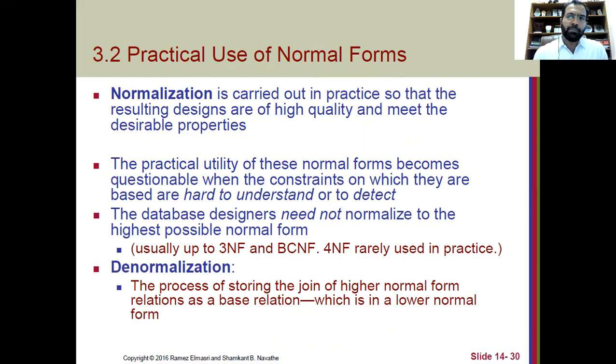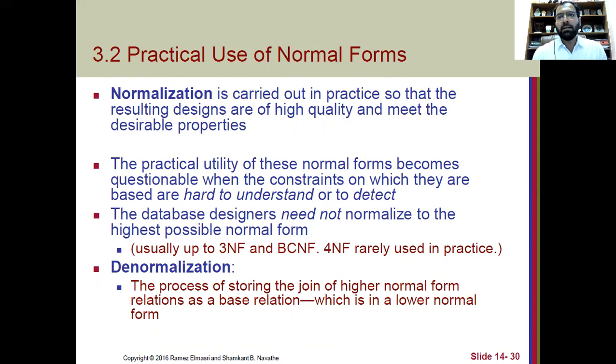Whenever we are designing the database schema, we have to make sure that the schema is free of all kinds of anomalies. Normalization is one way to eliminate all those anomalies from a relation, and obviously the objective is to have a high quality or desirable design for the given database.